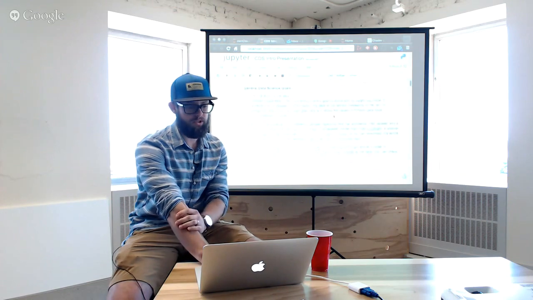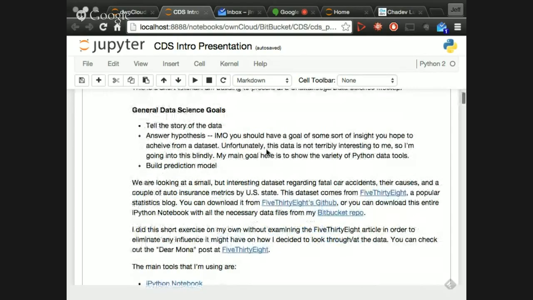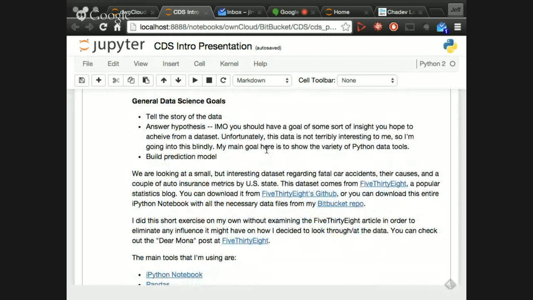So, the general data science goals: we want to tell a story of the data. Normally, you want to answer a hypothesis. This data that I'm working with, I just wanted something simple to make a tutorial, so there's not really a hypothesis that I'm going after here.